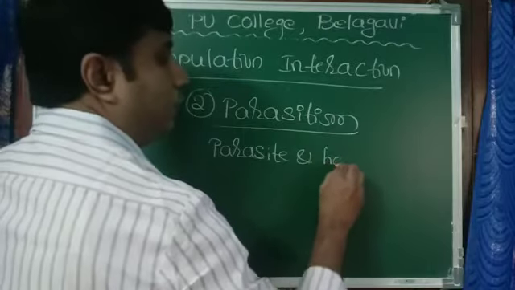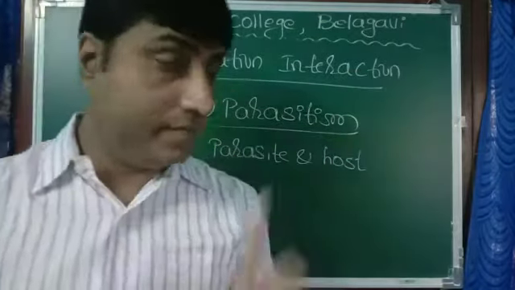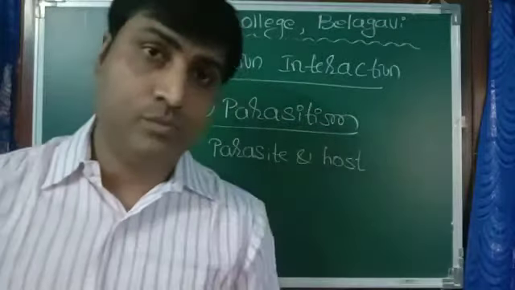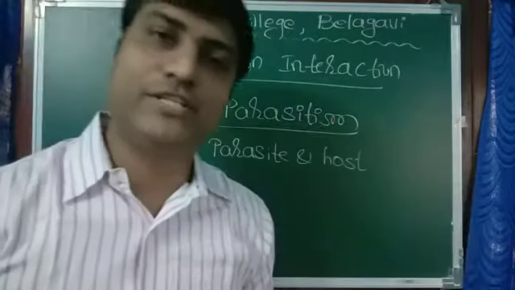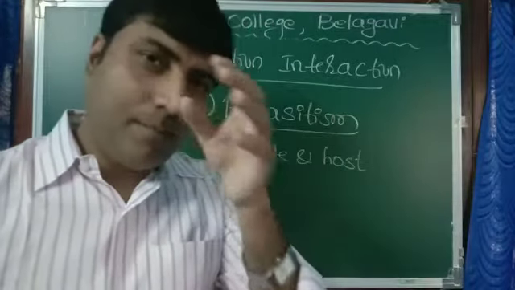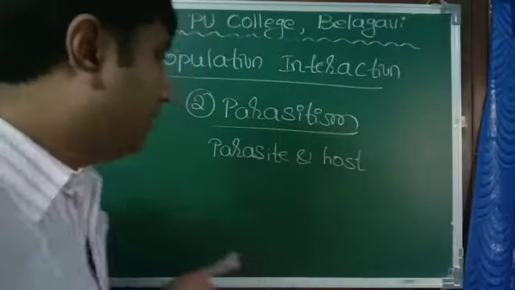Here the parasite gets the benefit and the host is at harm. One is harmed, one is benefited. This type of interaction is called parasitism. There are two types of parasites.